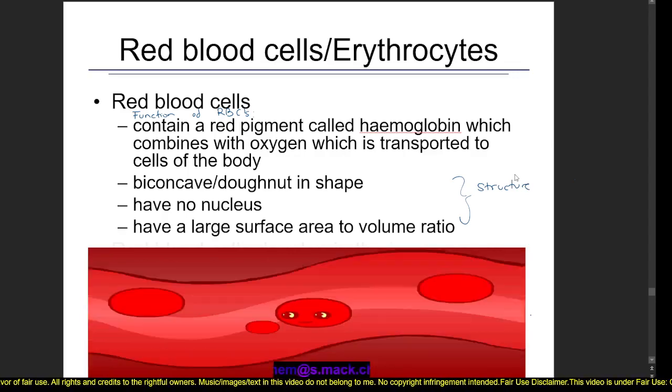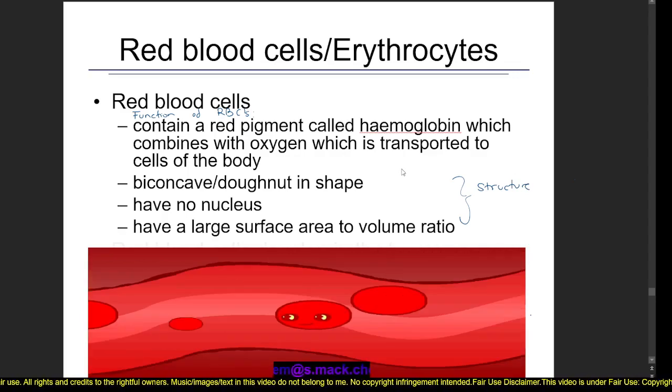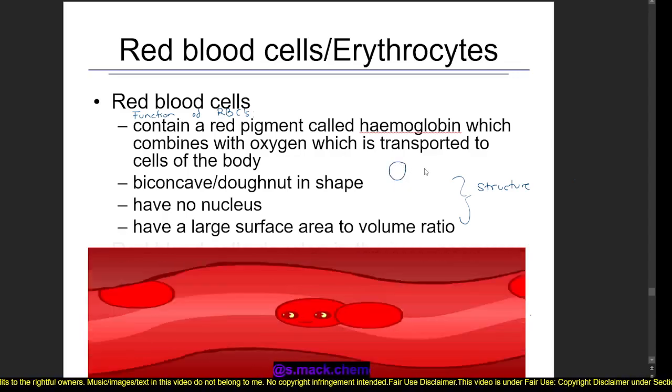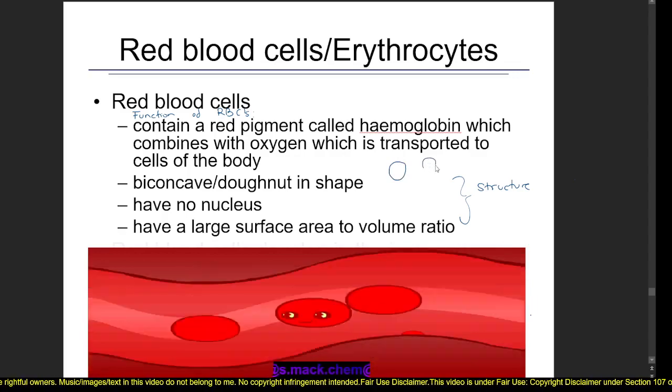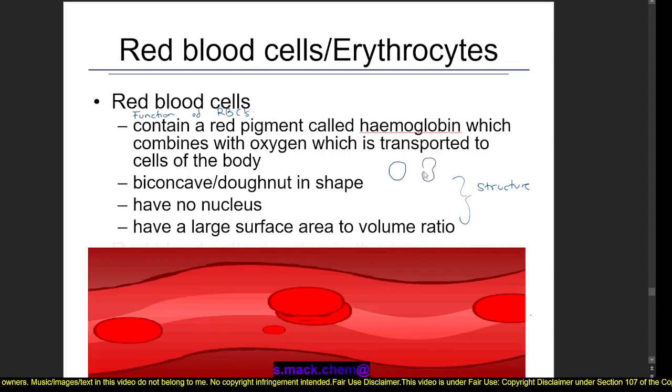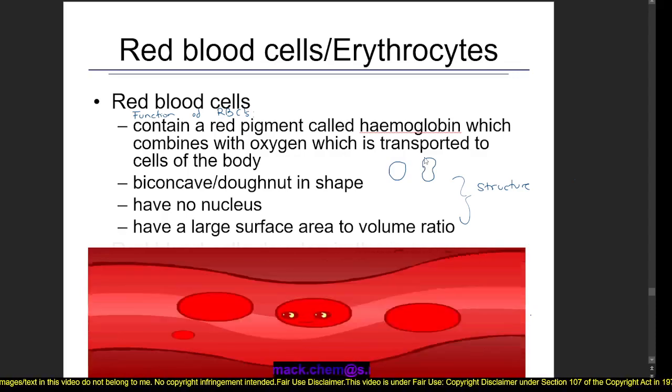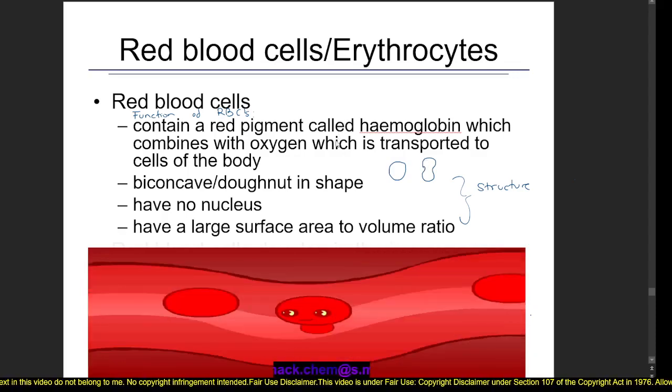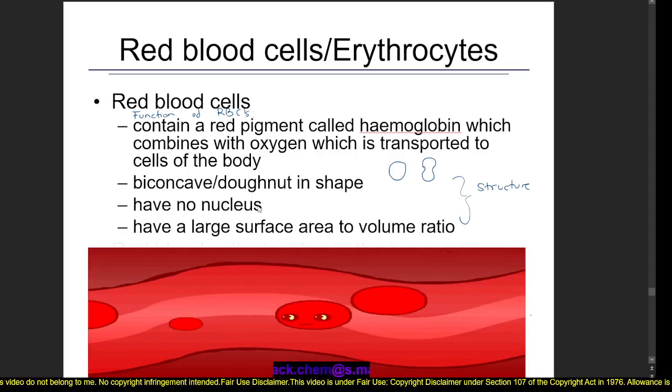So we say that it is biconcave or donut in shape. So if we look at it from the front, it looks like a circle. But if we look at it from the side, it has a donut shape, right? Or a biconcave shape. It is also mentioned that red blood cells have no nucleus, right?